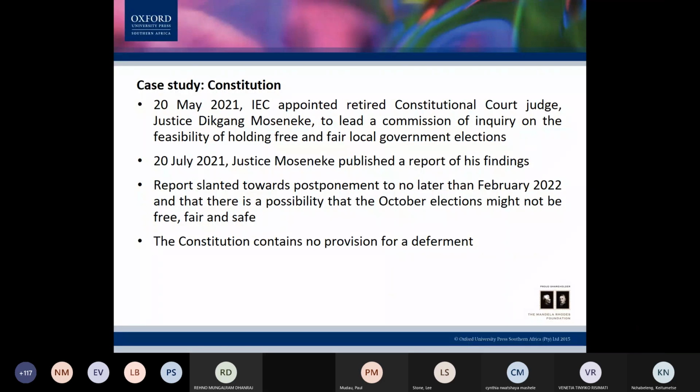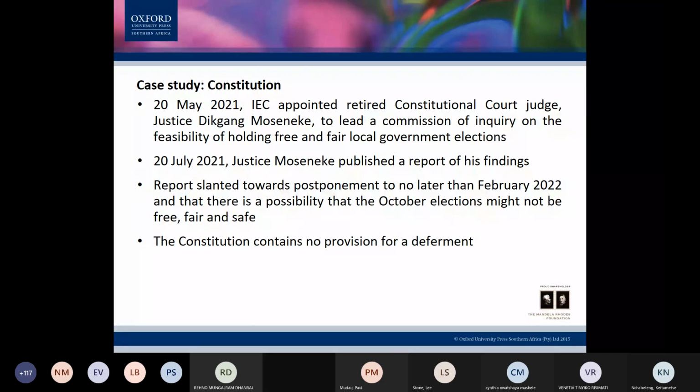The IEC's approach in requesting the former Deputy Chief Justice is a cautious one, because it knows that it is bound to hold the elections as required by the Constitution, but it does not want to decide on its own whether to postpone the elections or to hold them. Then on the 20th of July 2021, the former Deputy Chief Justice Moseneke published a report of his findings.